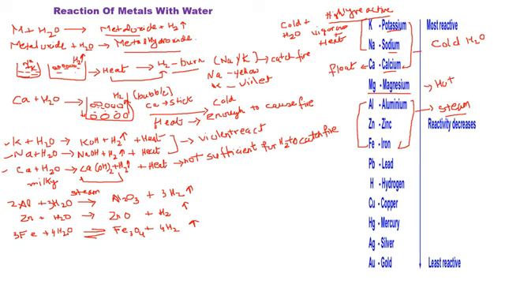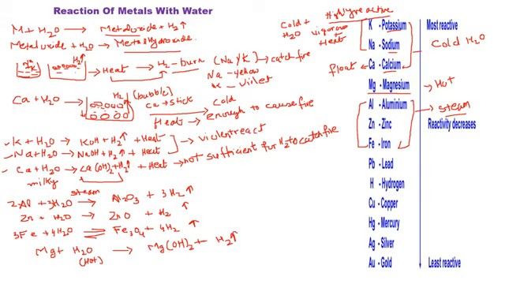In NCERT it is given that when magnesium, that is Mg, reacts with water, this is hot water, I'll write hot beneath, right? This reaction is not given in your book. Magnesium hydroxide, Mg(OH)2, is formed with the release of, of course, hydrogen gas.